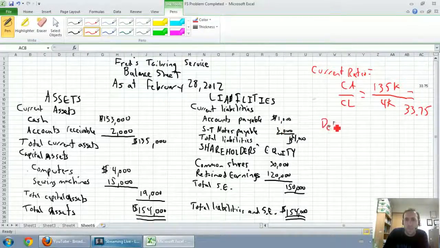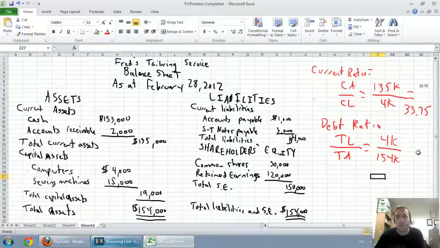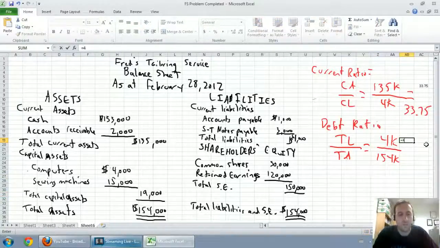Next is our debt ratio, and debt ratio is total liabilities divided by total assets, and debt ratio is generally going to be a percentage. So our company's total liabilities here was 4, the same as our current liabilities, and our total assets is 154. Again, I'm going to have to calculate this in Excel here. Equals 4 over 154.